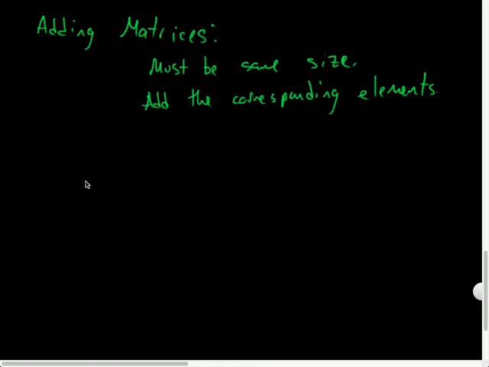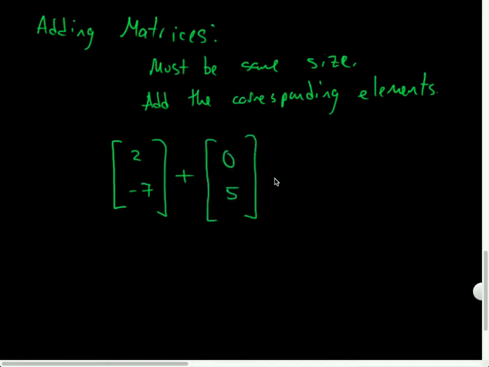So what we could do is, let's say I've got the matrix 2 and -7, and I'm going to add that to the matrix 0 and 5. The result of this addition, I'm going to write an intermediate step here that normally you probably won't have to write. So what's the size of my answer matrix going to be, you think?